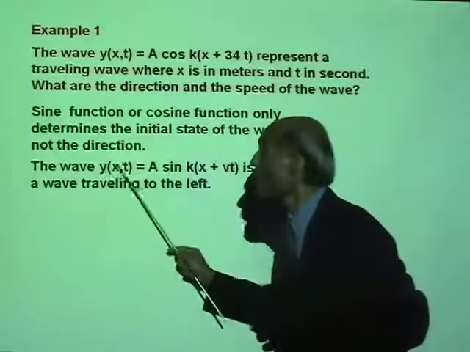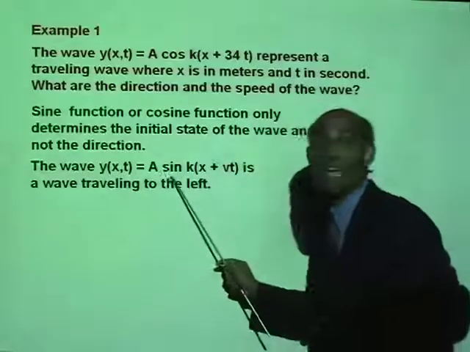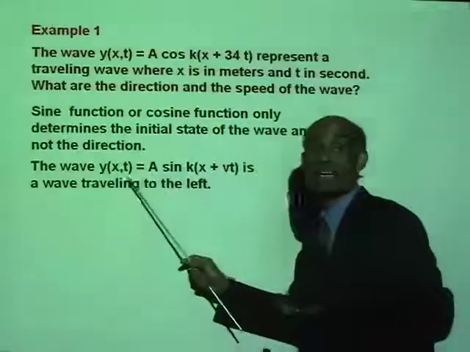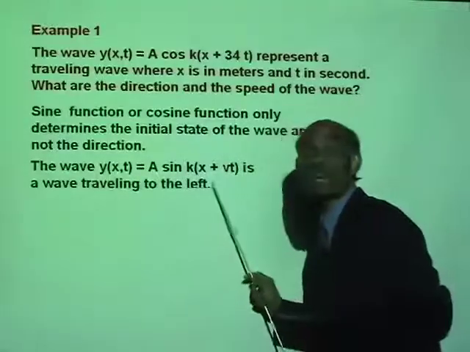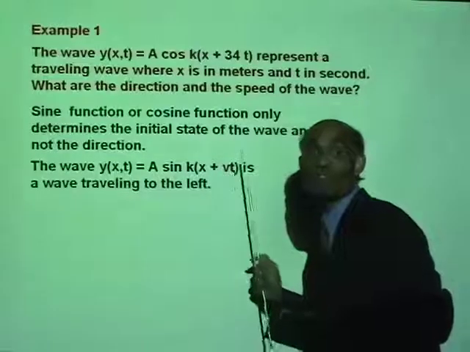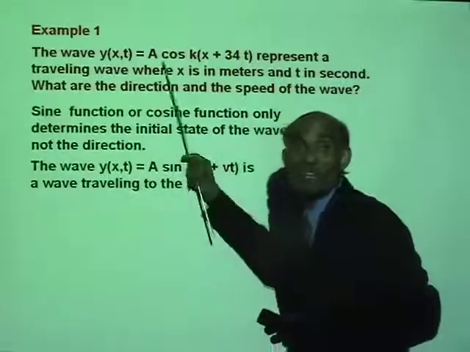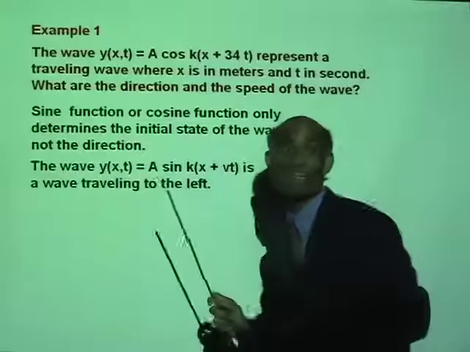The wave y(x,t) equal to a sin k times (x plus vt) is a wave traveling to the left with a speed v. So it doesn't matter whether you have a function given as a cosine function or a sine function.